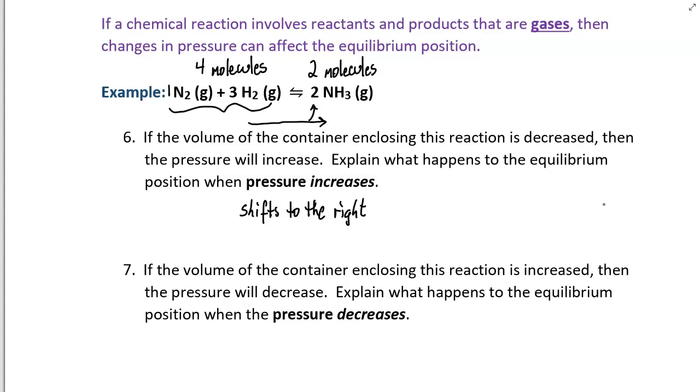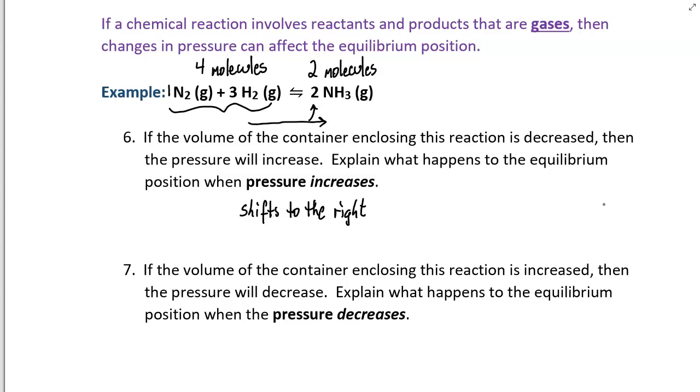Next, number 7. If the volume of the container enclosing the reaction is increased, then pressure will decrease. Explain what happens to the equilibrium position when the pressure decreases. Le Chatelier's principle says that the system will compensate for this by doing something that will increase the pressure.